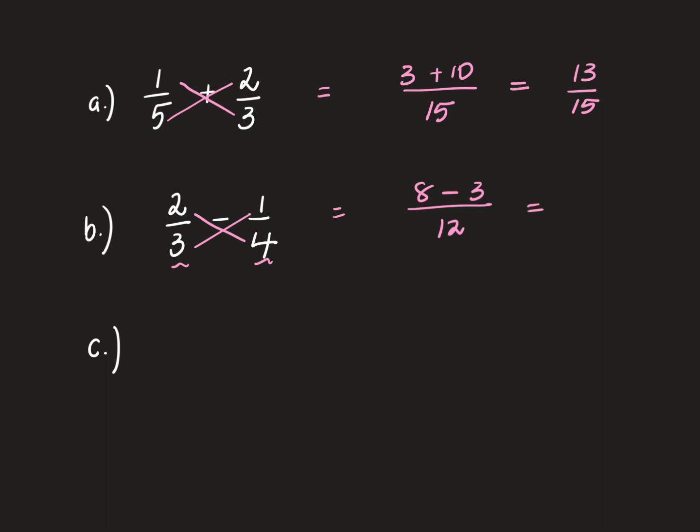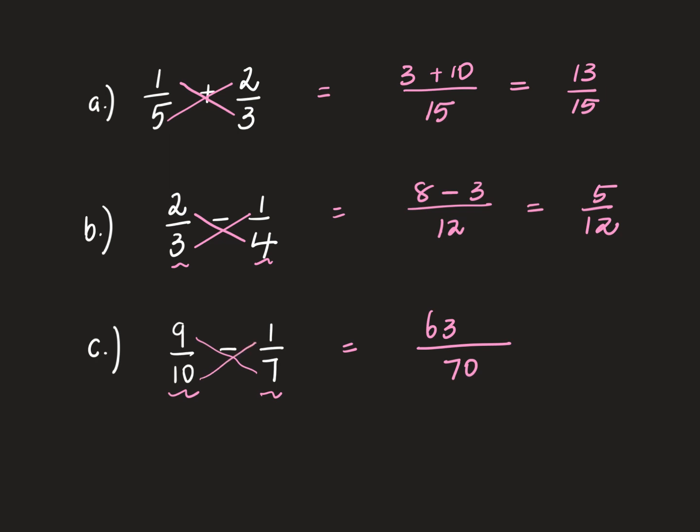Minus. 8 minus 3 is 5, 5 over 12. Next one here. Remembering if your number facts aren't great, just use your calculator to help you with the number facts. 10 7s are 70, 9 times 7, 63, 10 times 1 is 10, and that's a minus there. 63 minus 10, 53 over 70.